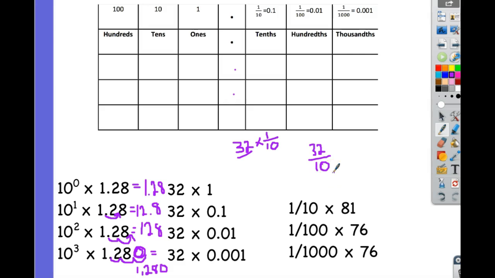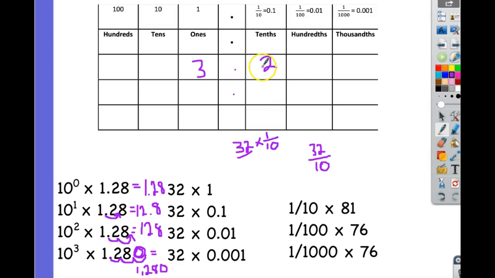Now, I know this can be just a slight bit confusing, but I really want you to think about this for a second, okay? If I have 32/10, think about if I have 32 longs in base 10 blocks, okay? Is that really how many I have, or would I need to regroup those 32/10 and make them into 3 ones and 2/10? It's still 32/10.